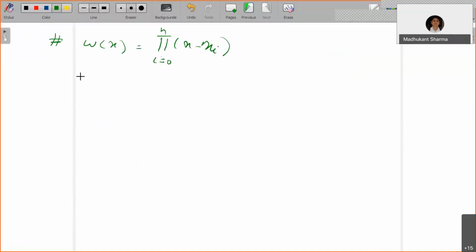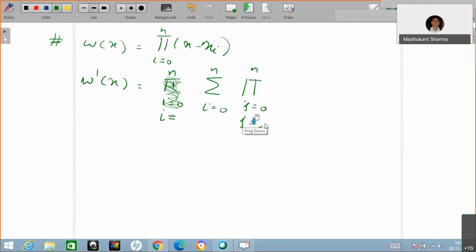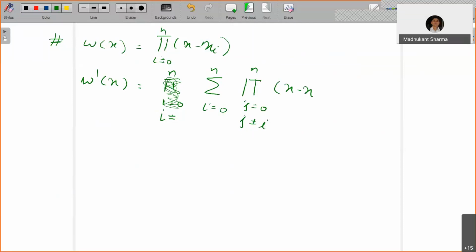If you differentiate and use the product rule, it is going to be a summation, i equals 0 to n, of the product over j equals 0 to n, j not equal to i, of x minus xj.